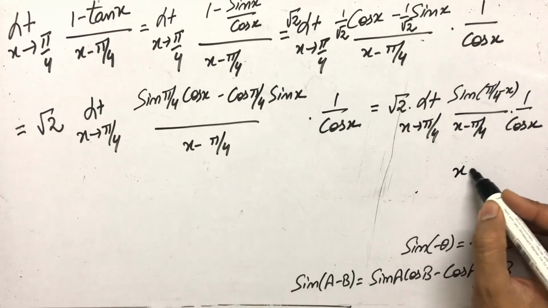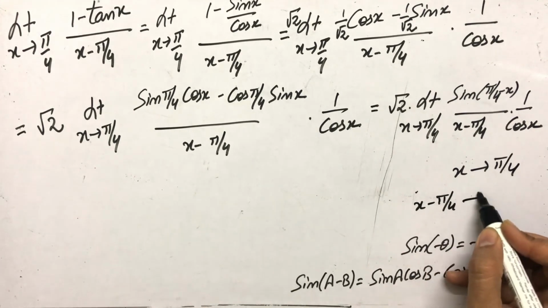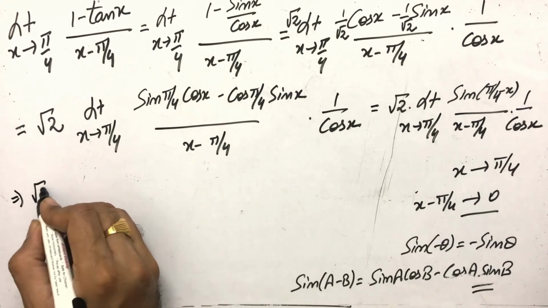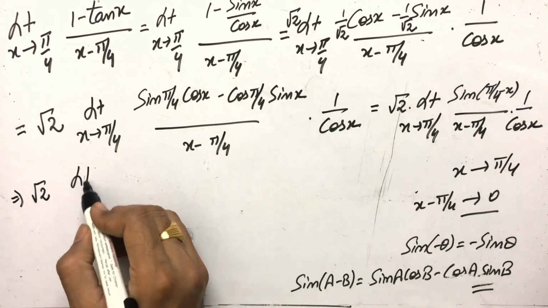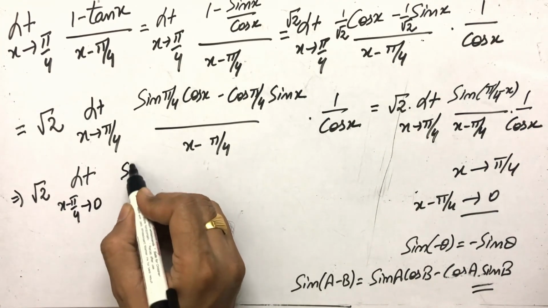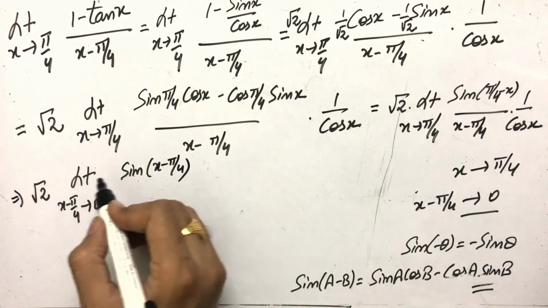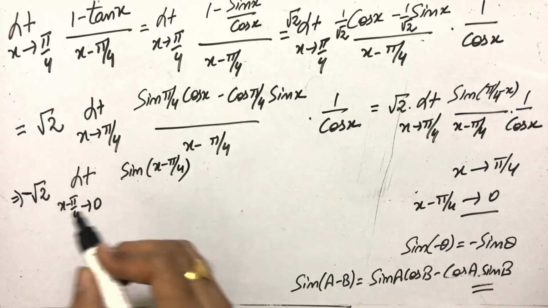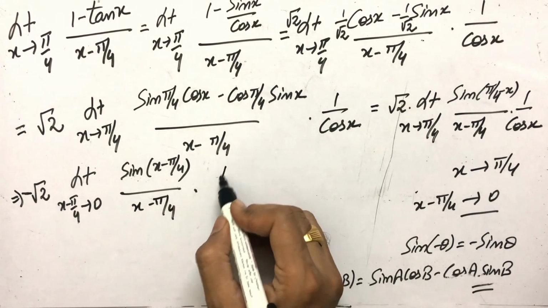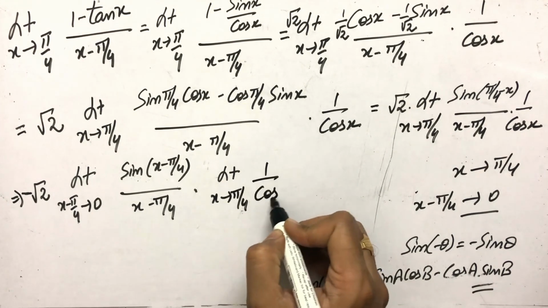And also if x tends to pi by 4, then x minus pi by 4 will tend to 0. So what this becomes? This becomes under root 2 into limit x minus pi by 4 tends to 0 of sine of x minus pi by 4, so we have taken minus outside, let me write minus here, divided by x minus pi by 4, and also limit x tends to pi by 4 of 1 by cos x.